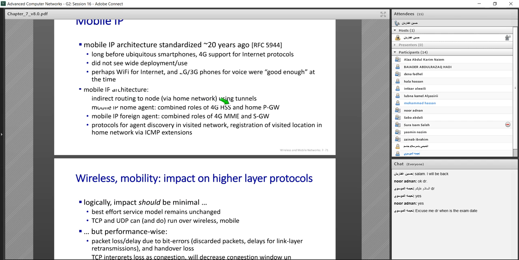In 4G, we have the HSS and the home PGW devices, which play the role of the home agent. In mobile IP we talked about the foreign agent. In 4G, we have the MME and S gateway, which are similar to the foreign agent.